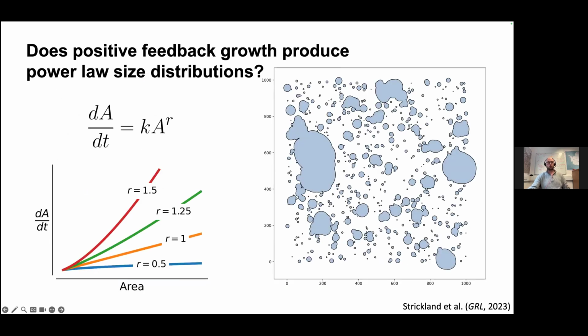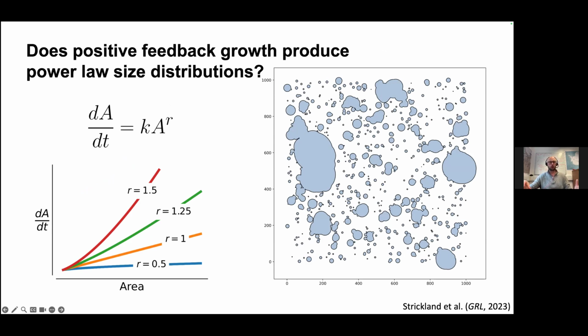So to better understand that, I built a simple geometric model to see if positive feedback growth could produce distributions similar to the ones that we see on the debris covered glaciers. So what this model does is I begin with really a simple space.